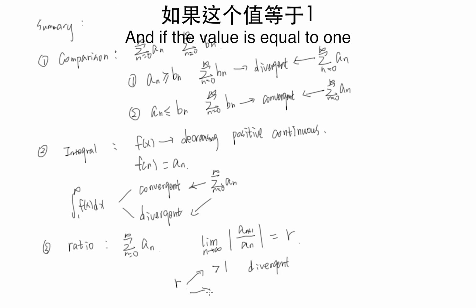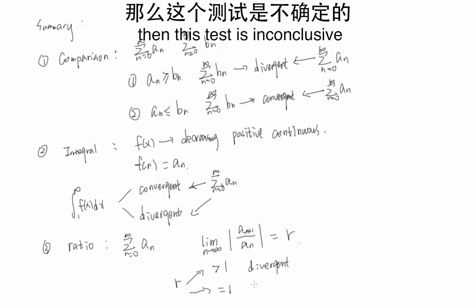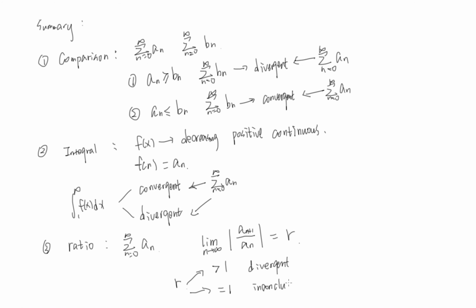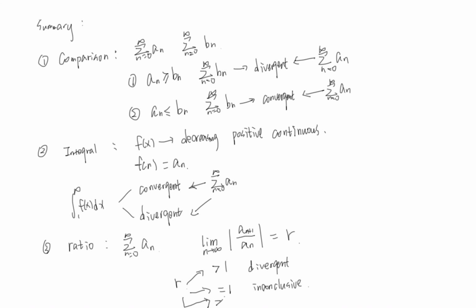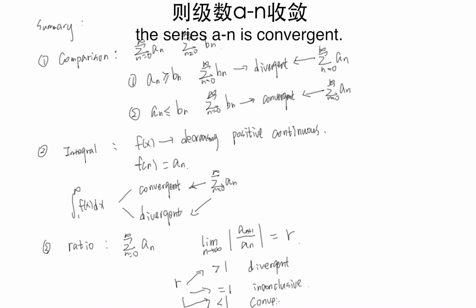If the value equals 1, then this test is inconclusive. And if the value is smaller than 1, the series an is convergent.